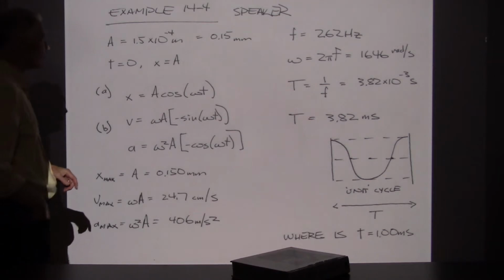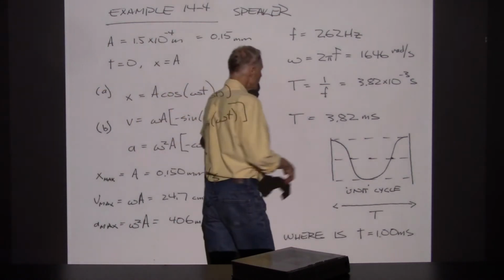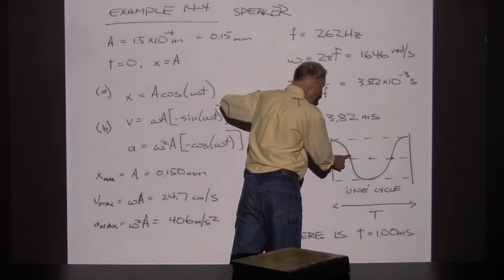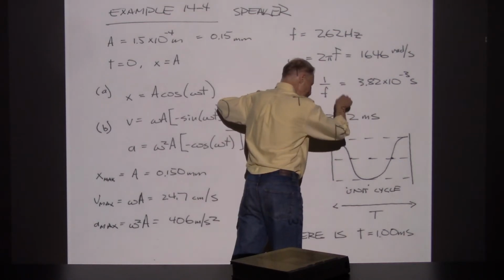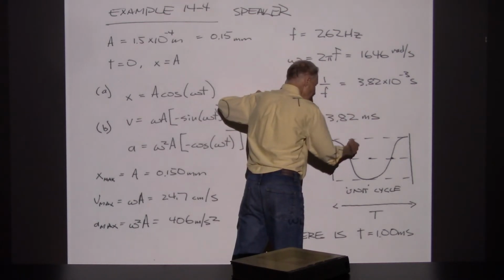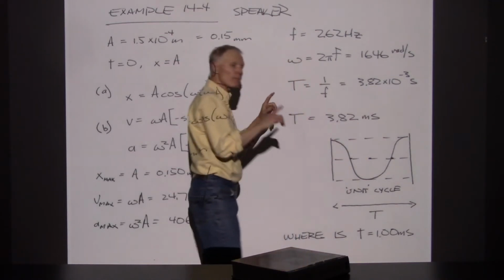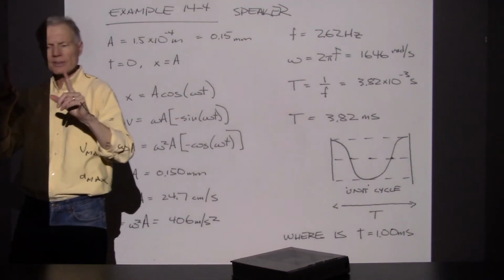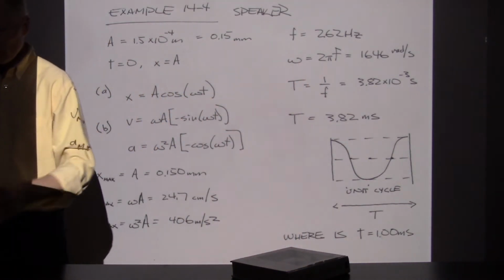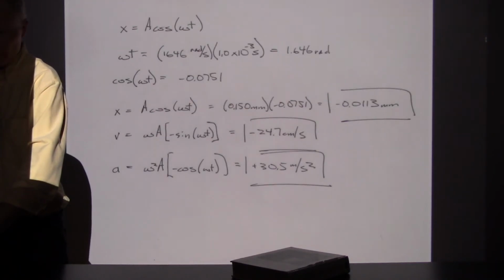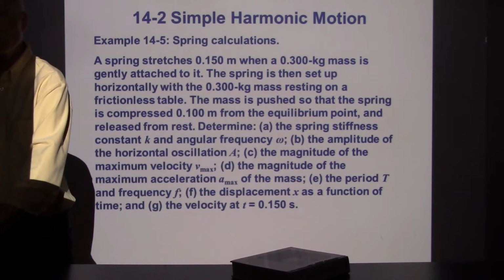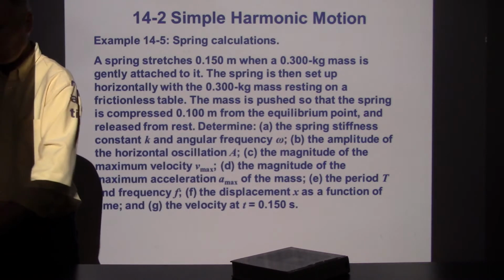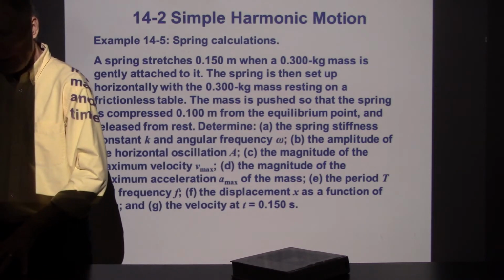So again, by the time I get to this point, I'm at a negative displacement, I'm headed in the negative direction, but the acceleration is going to be positive. The acceleration is now trying to bring me back to equilibrium. So the numbers look fine. The numbers look like what we might expect. Okay, that's encouraging. All right.